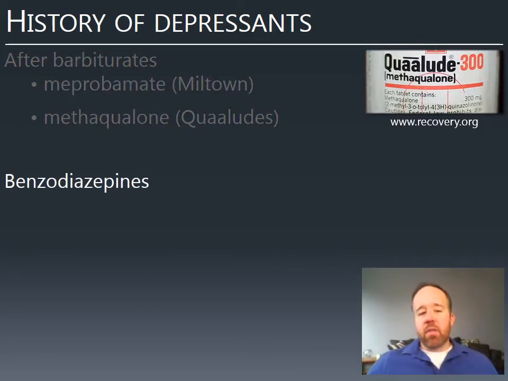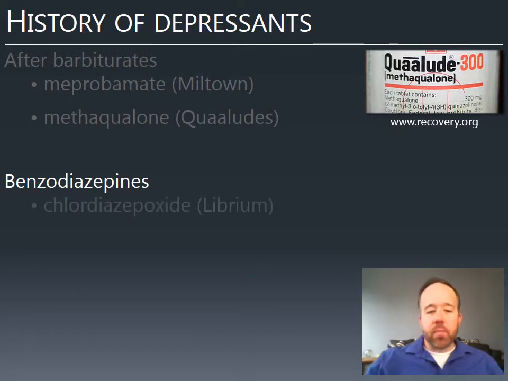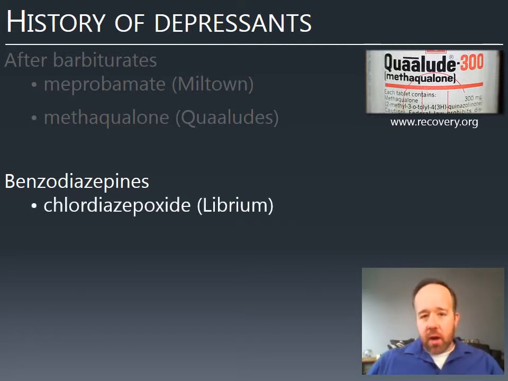And then finally, we have the benzodiazepines, which are the most commonly used depressant other than alcohol today. Widely prescribed, widely used, to a certain degree, widely abused as well. The first one was chlordiazepoxide, which is marketed under the name Librium. And it's not used quite as much anymore.